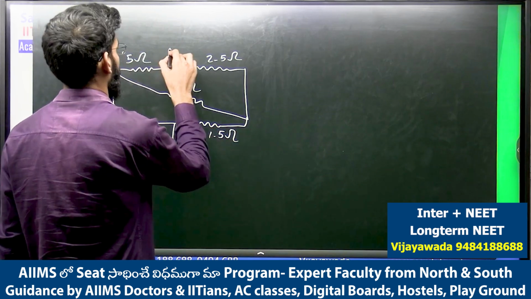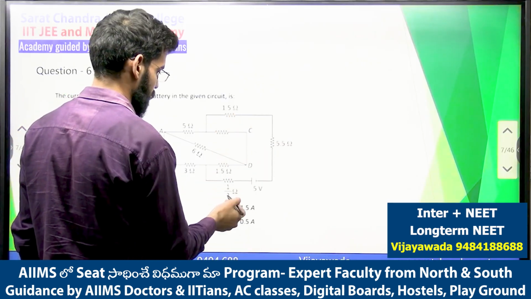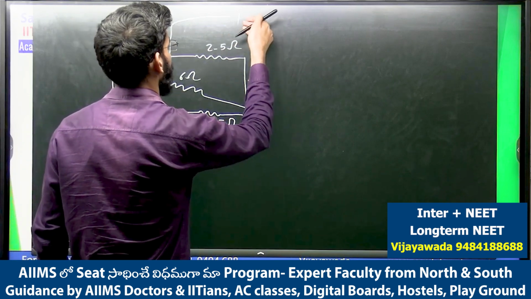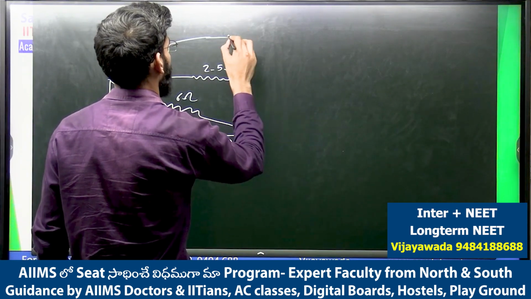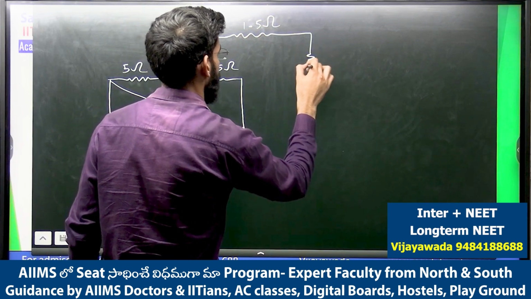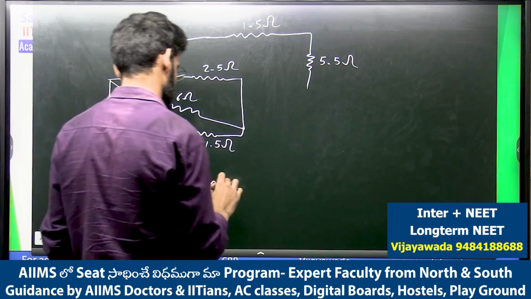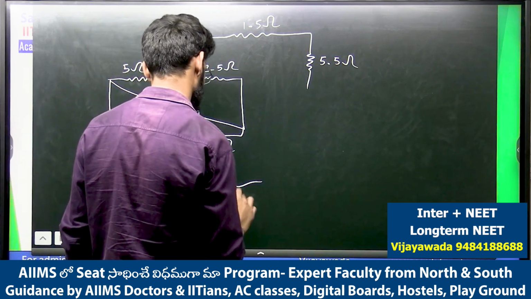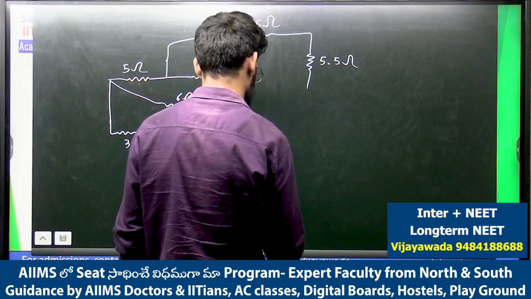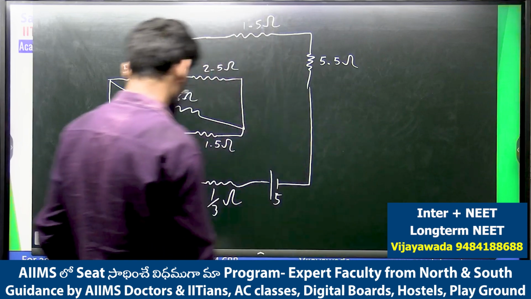That's it. Next, there are more resistances here: 1.5 ohm, 5.5 ohm, and 1 by 3 ohm, and there is a battery of 5 volt.